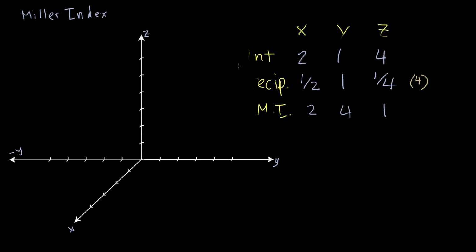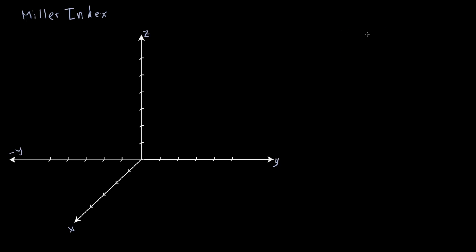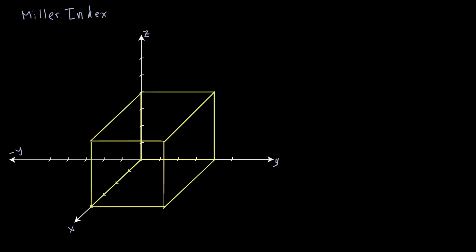I will do one more example in this video, and this time I am going to restrict us to a cubic unit cell. So I've previously drawn in this cell over our grid here. I'm going to redefine the axes a little bit. So each unit on the axes will now be 1/4.